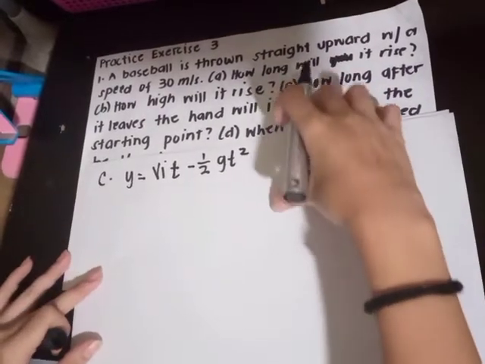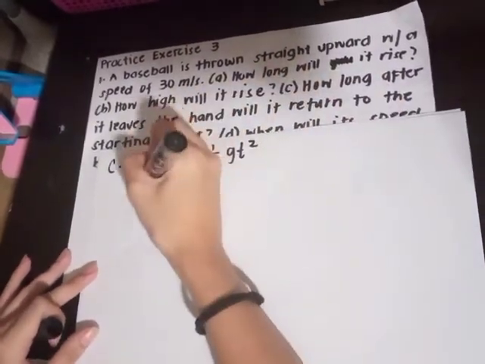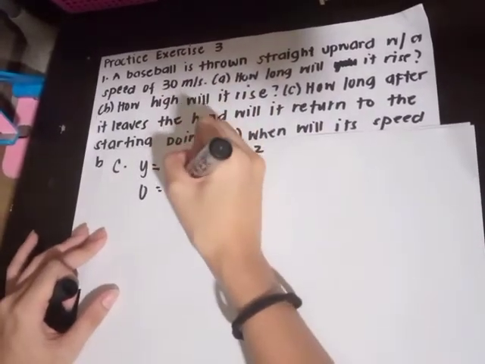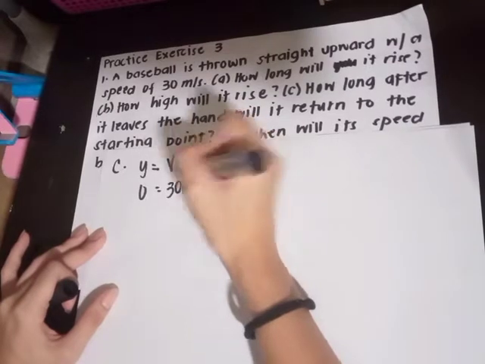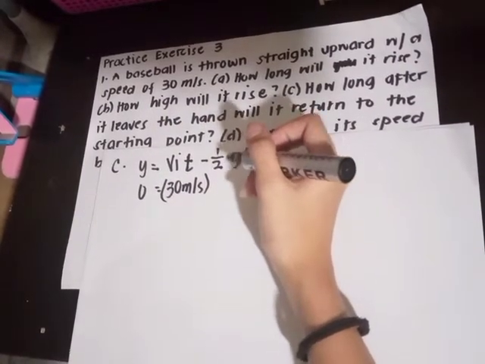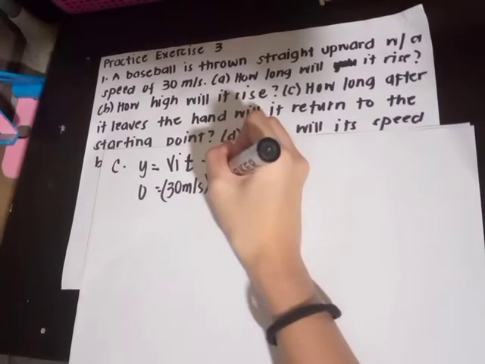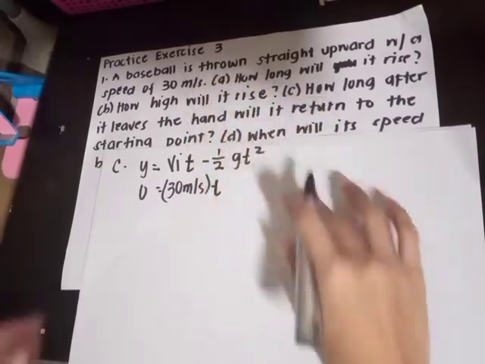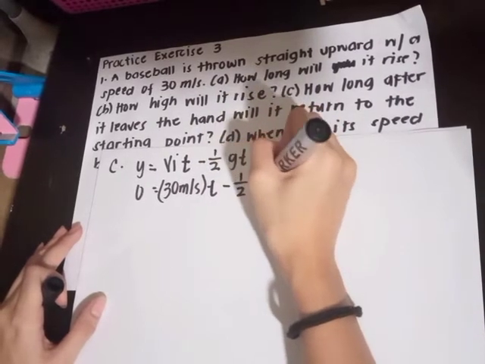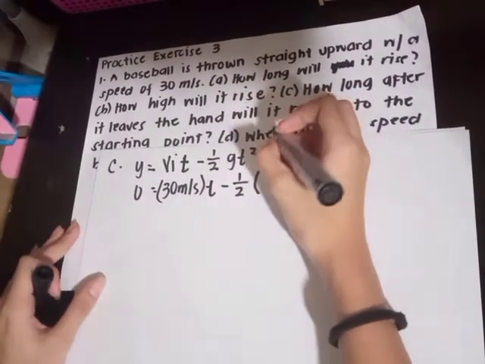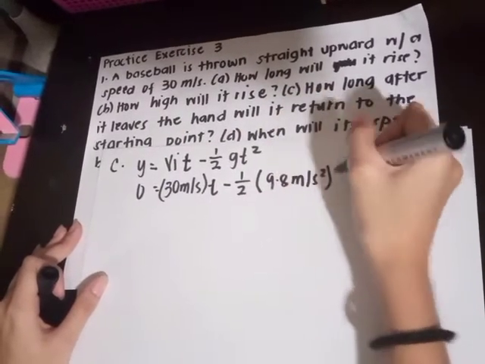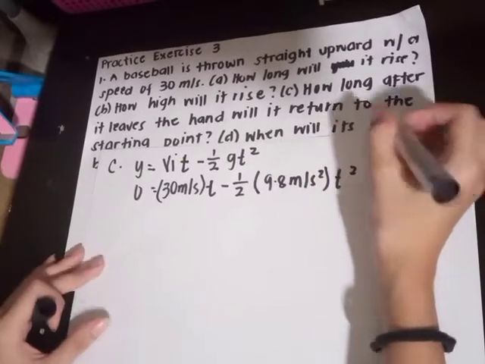So substitute. We have this 0. Initial velocity is 30 meter per second. And then time. Ang hinahanap natin dito yung time, ha. Ayan. So we have the gravity, which is 9.8 meter per second squared, and then time squared.